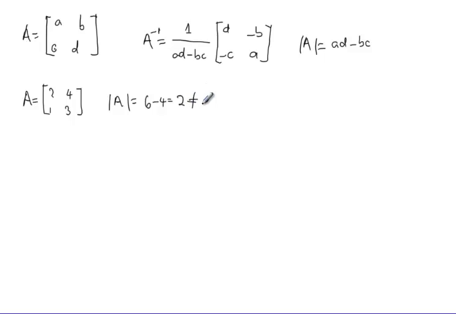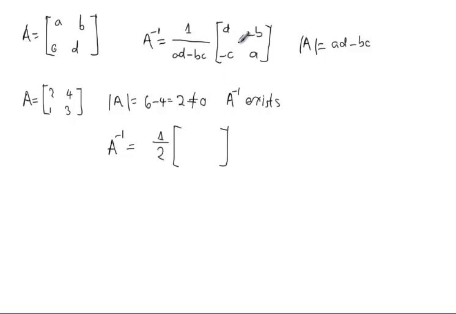Because it's not equal to 0, we can say A inverse exists. Then I can search for something which I know exists. In this case, we've already been given a formula. We just have to say 1 over the determinant, which is 2, then play around with the entries.